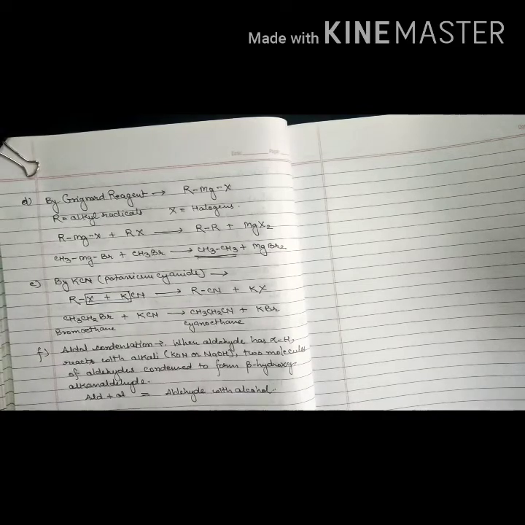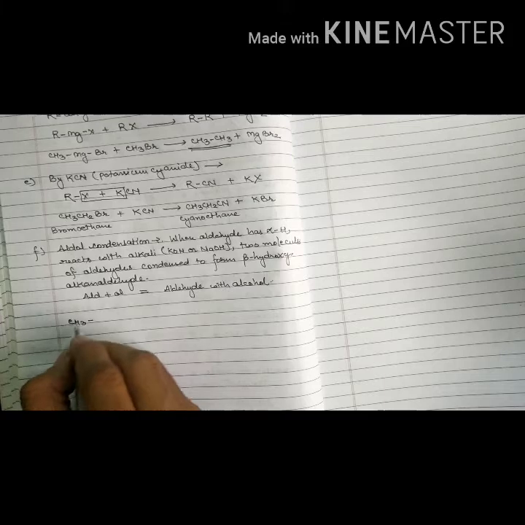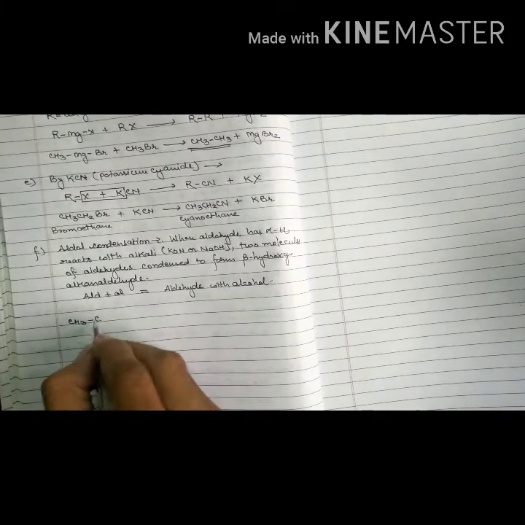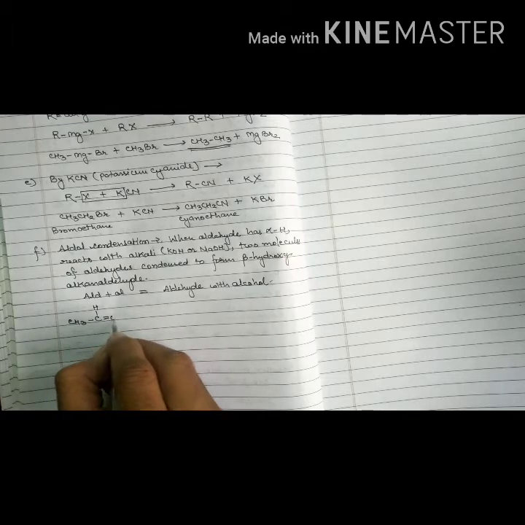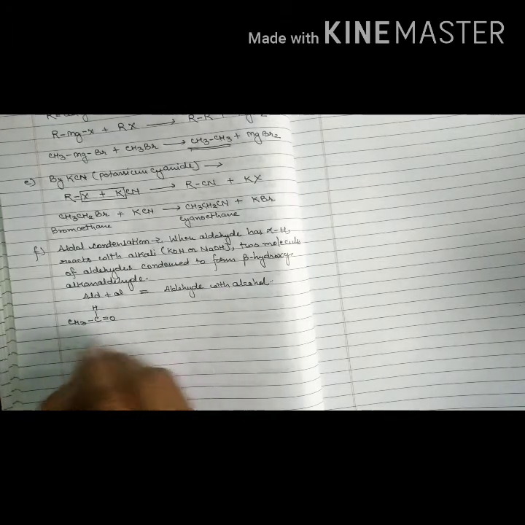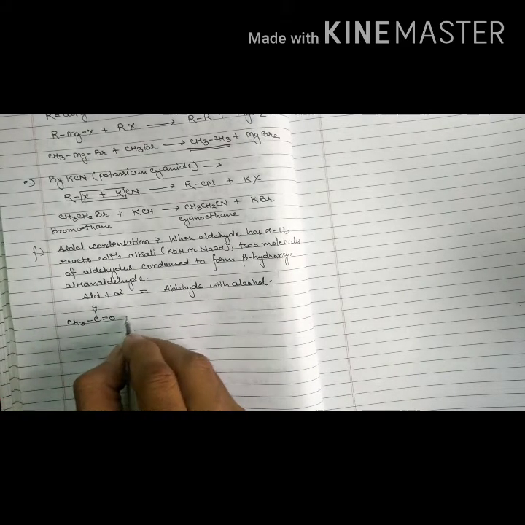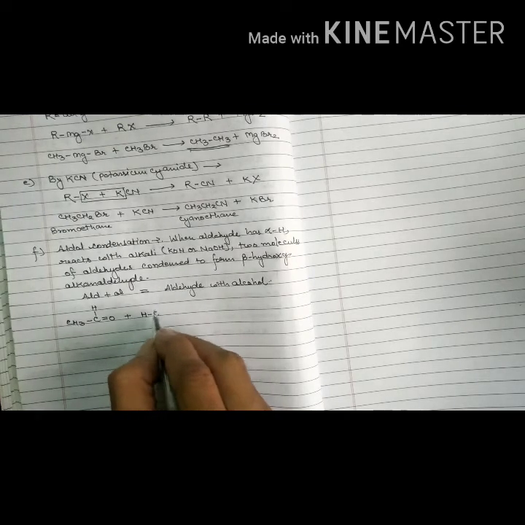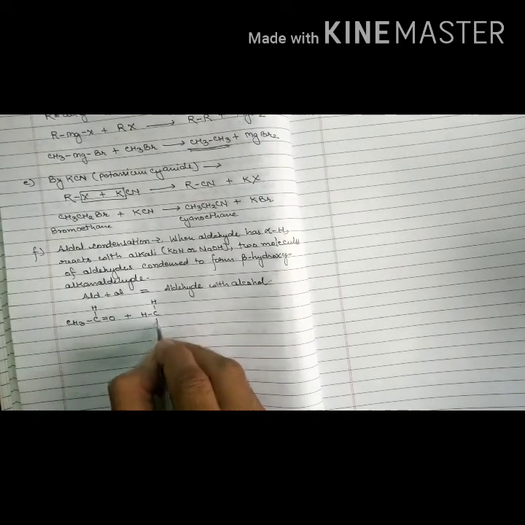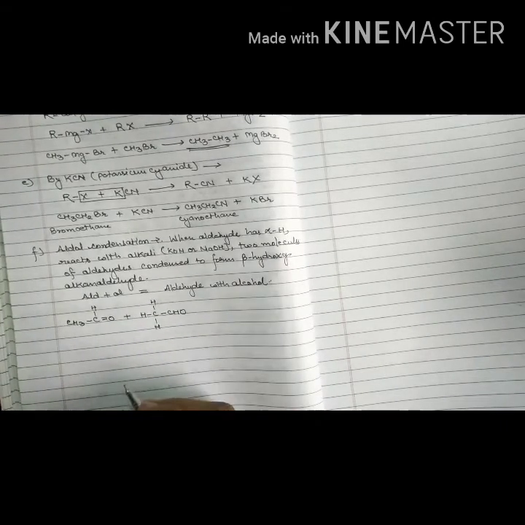CH3CHO, this is the aldehyde, we can say acetaldehyde or ethanal. Another molecule of the same compound, CH3CHO, is again an aldehyde.